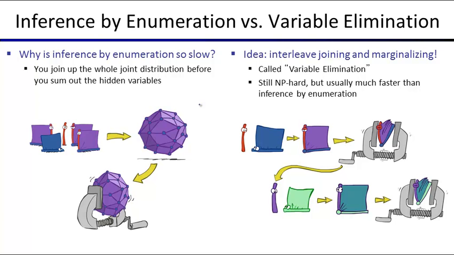Once you pick a particular variable, always join all the tables that have that variable together. And so variable elimination: sum it out and keep going.